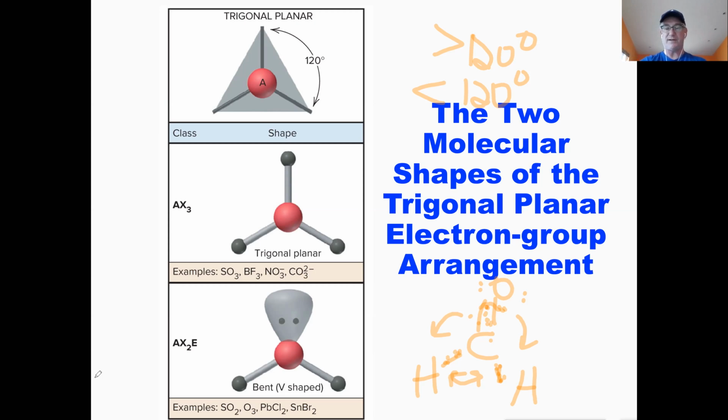So what does that do to this bond angle, this hydrogen, carbon, hydrogen angle? Does it open up and become greater than 120 degrees, or does it close down a little bit and become less? What do you think?